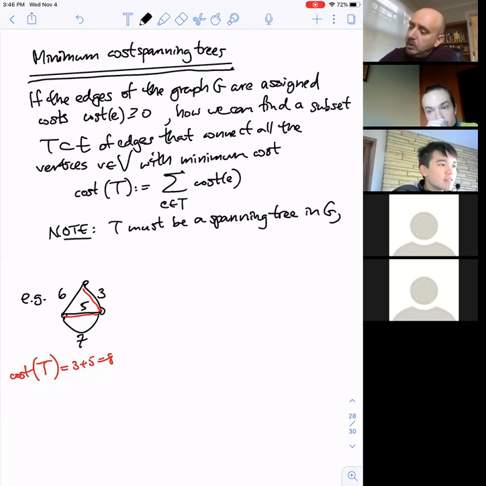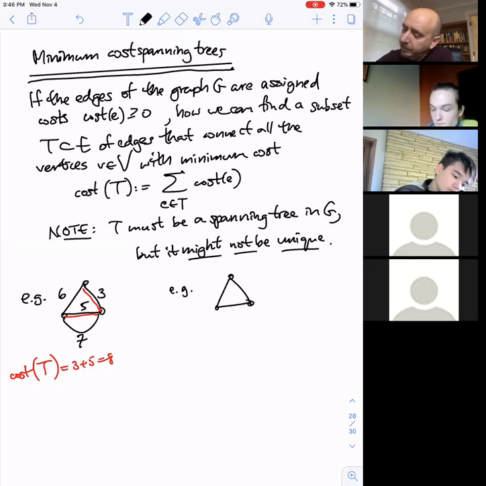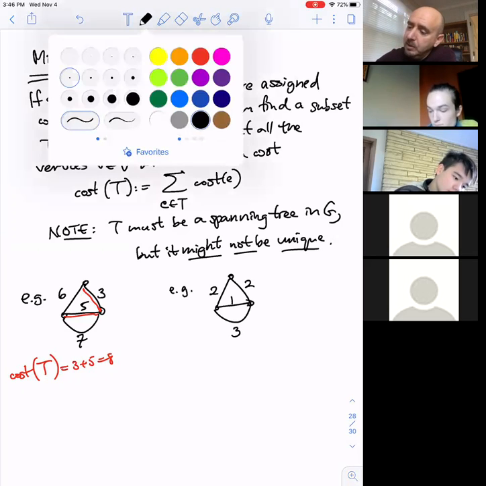It might not be unique. There's nothing that says there's always a unique minimum cost set of edges. Just to give another example, if I had given you the same graph, same structure of the edges, 2, 2, 1, 3, there's certainly a couple of choices of spanning trees that achieve the minimum cost.